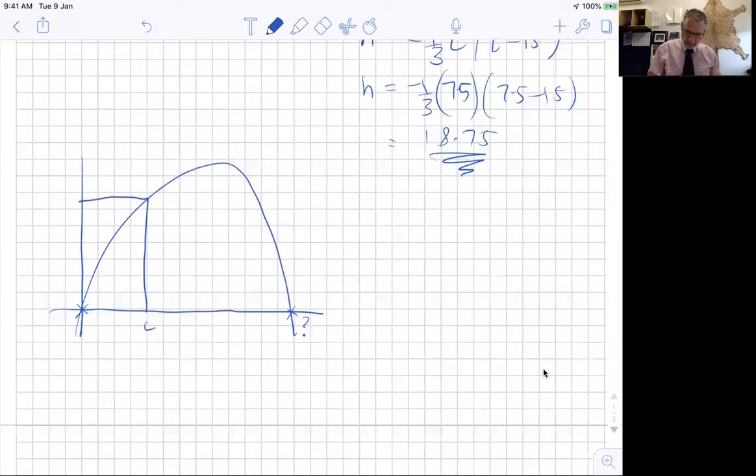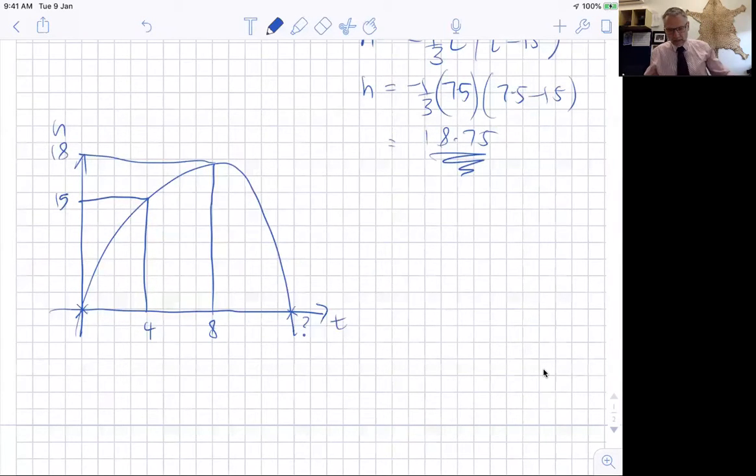So this can be 4, 15. We've got height here, time here, and then 4 seconds later, now no idea where that is, but we'll put 8 and 18. So we've got 2 sets of information, so we can do the same thing we did before and create a model of that graph.